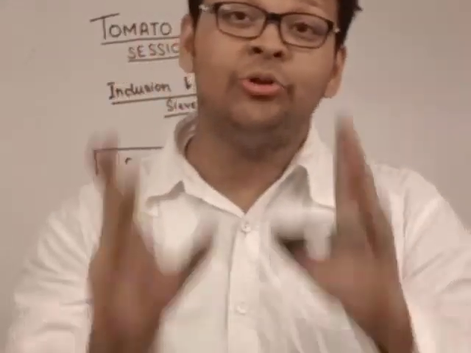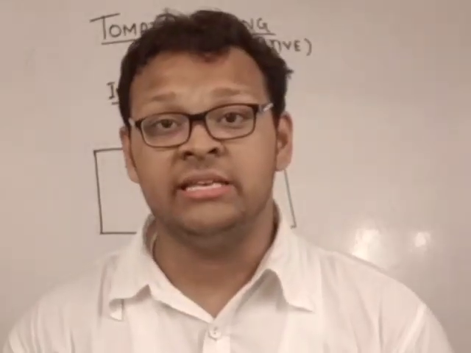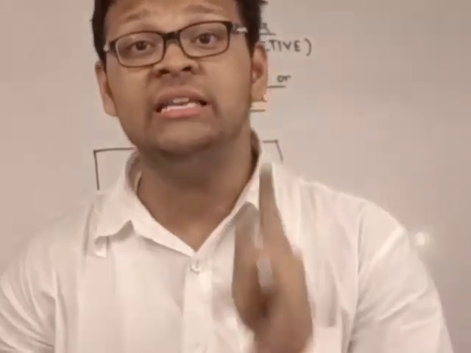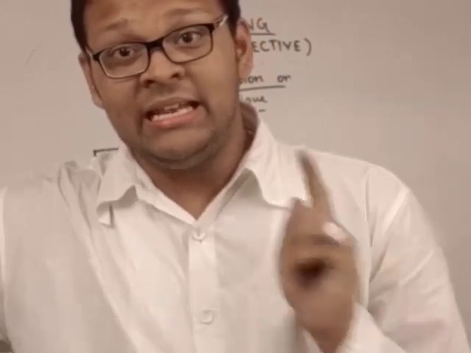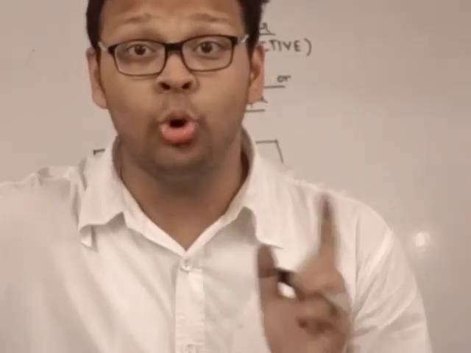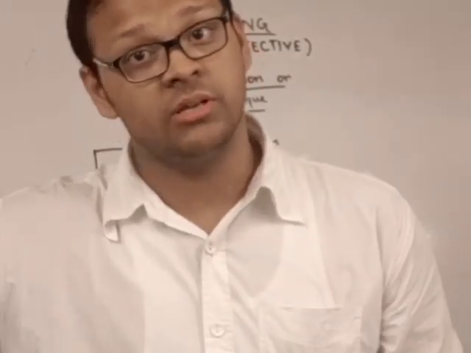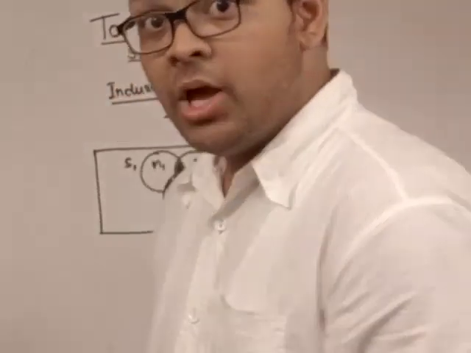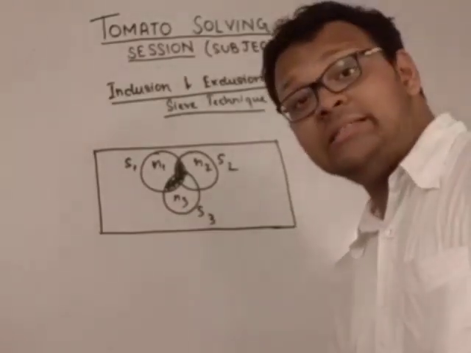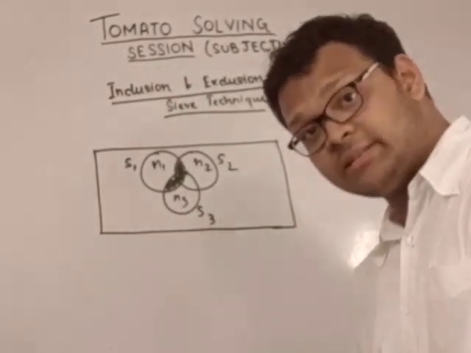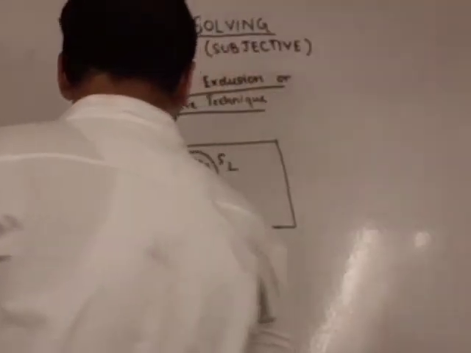The proverb you need to remember as a shortcut trick is: include what is needed, exclude what is not. Only include those things which are needed, don't include extra terms. Okay? So in calculating the total number of elements in all the three sets, I will include all these.